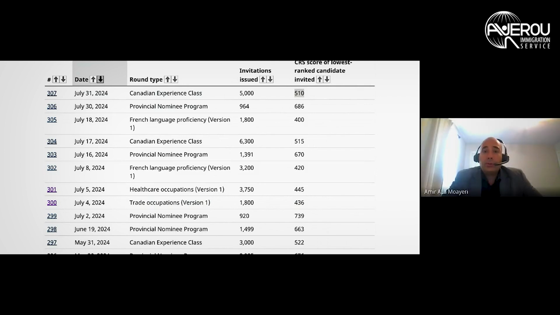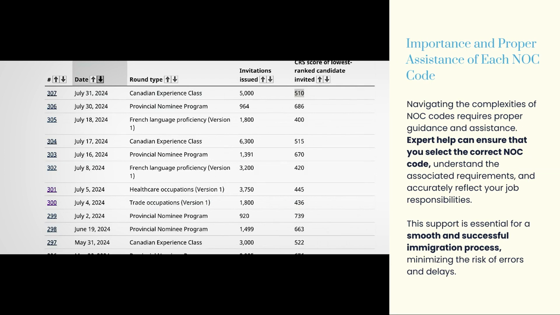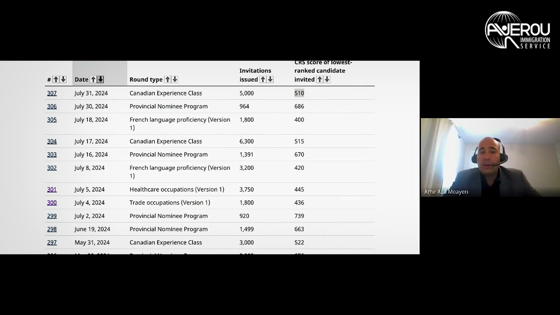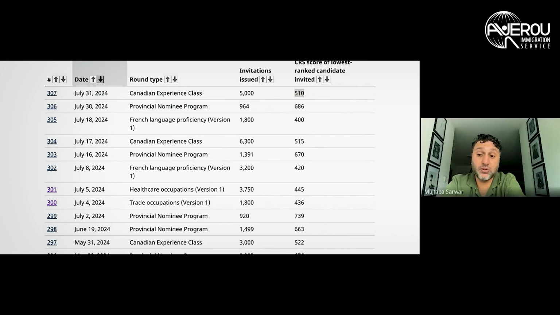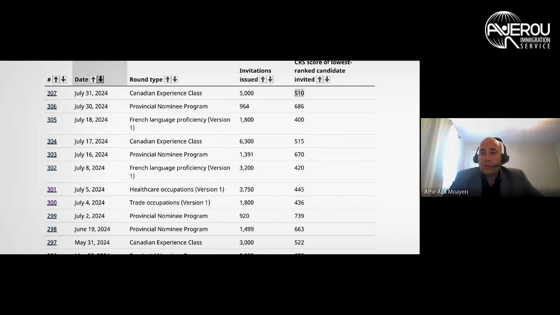So this is the importance, I think, of what we learned right now. Every piece of information on the NOC code is important, from the description to the employment requirements to the job responsibilities, and it is important to talk to an expert to do all this analysis for you, before accepting the job offer, or as soon as you start.